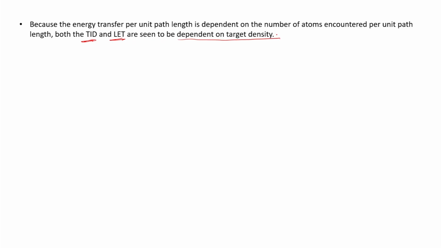What is the density of the atoms? That will define the TID and LET. It depends on the number of atoms encountered per unit path length, and then on the mass, which again depends on the density. So, that is why the TID and LET are dependent on the target density.